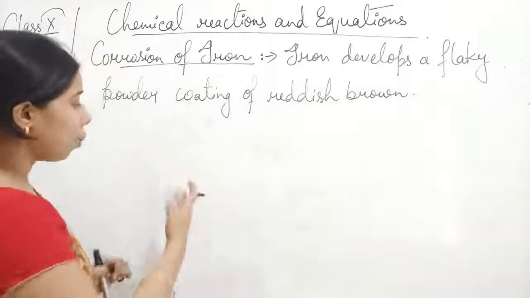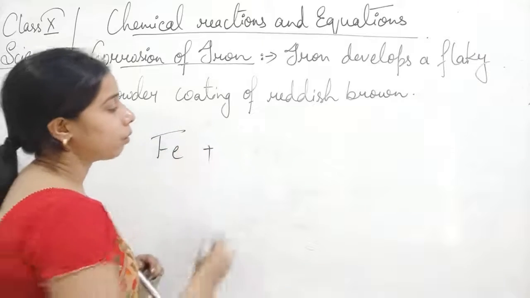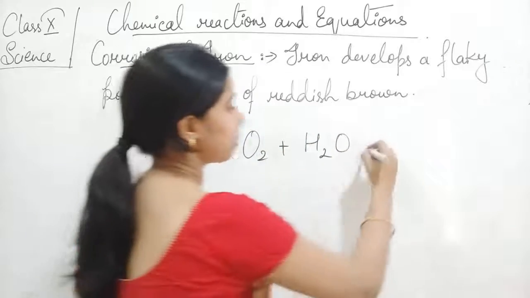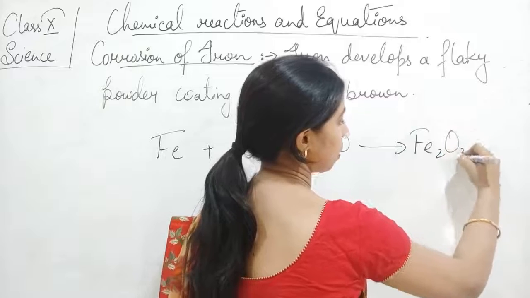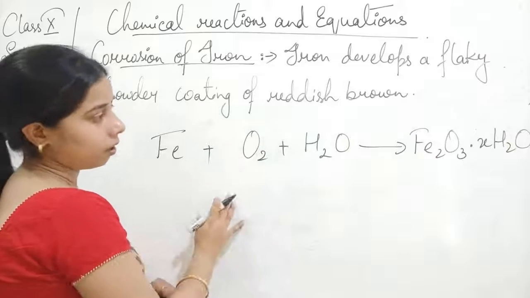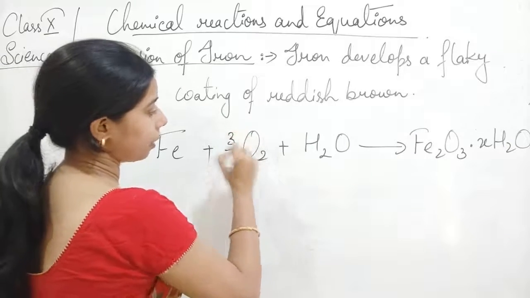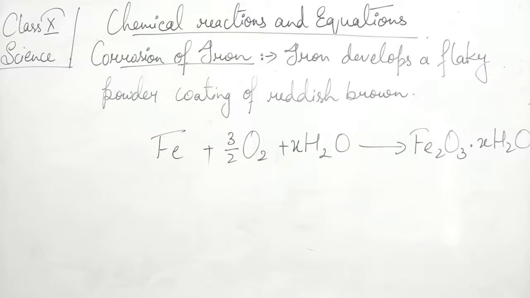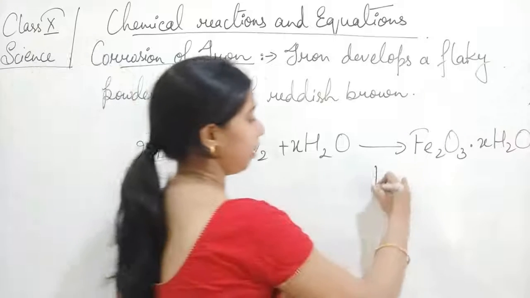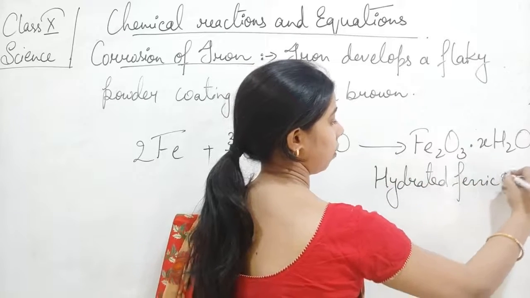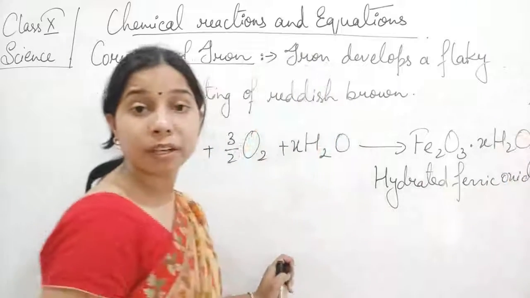What happened here, when this iron reacts with the moisture as well as the oxygen present here, there is a formation of a ferric oxide, hydrated ferric oxide. This O2 we can write as 3/2 here, and here it is H2O. So here we will use the term hydrated ferric oxide, which is reddish brown in color.